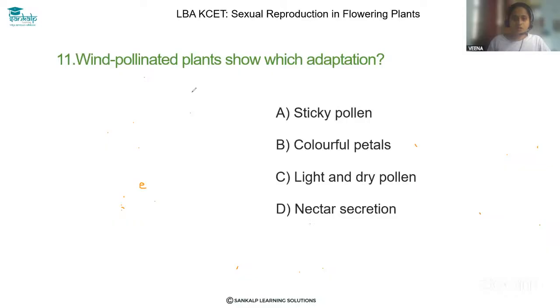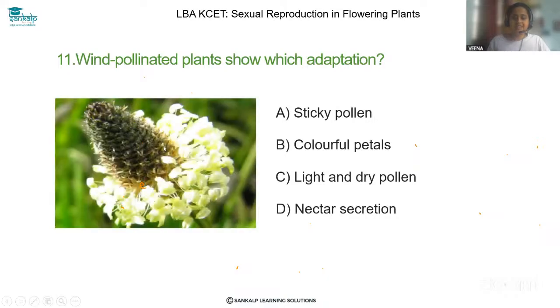Let's solve question 11. Wind pollinated plants show which adaptation? Here we are going to discuss the characteristics of wind pollinated flowers. See here there are four options. Sticky pollen.